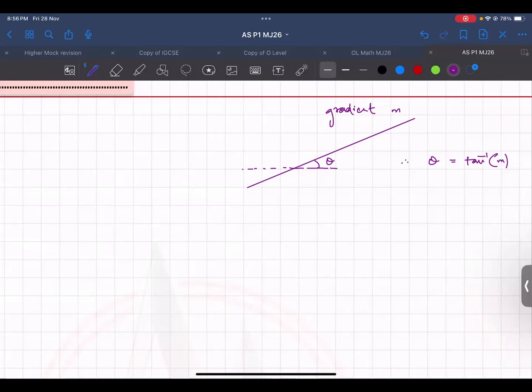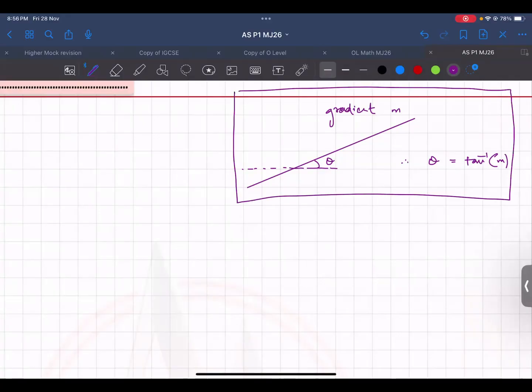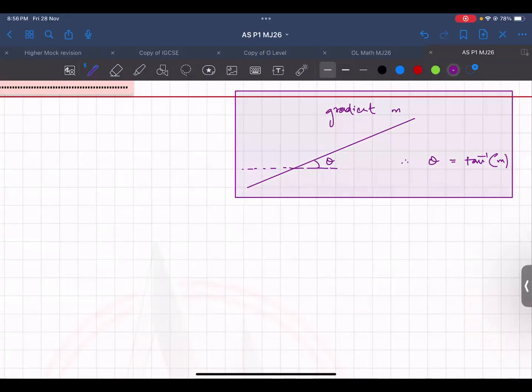This is the logic behind it. Why tan inverse of gradient? Because what is gradient? If I move the tan on the other side, so tan theta is equal to gradient, which is what? Change in y upon change in x.